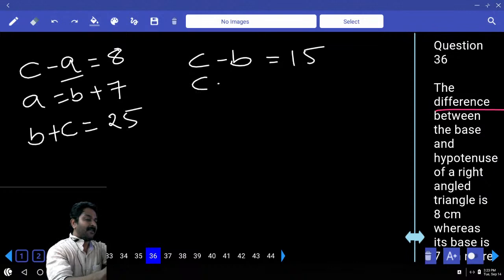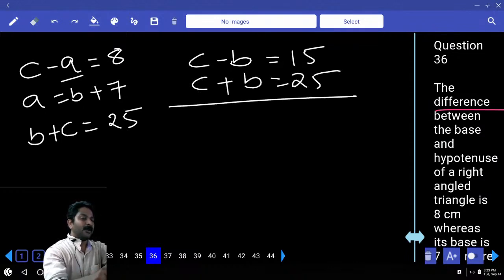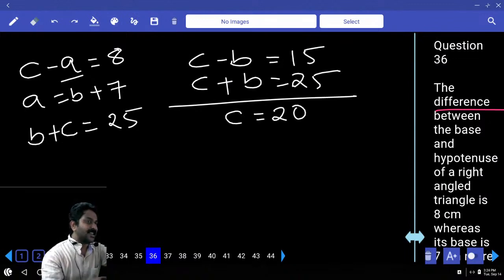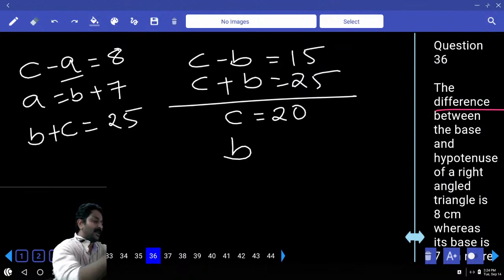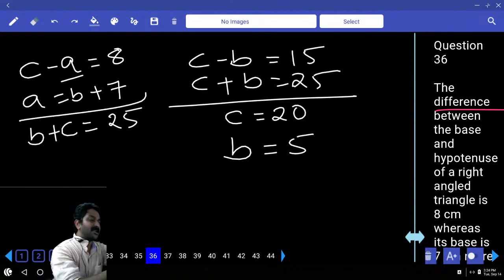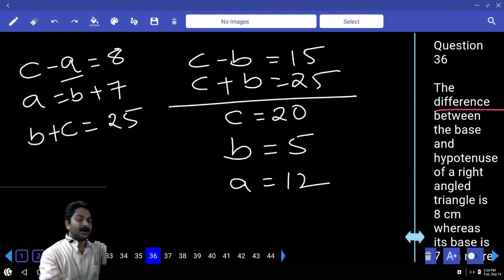And at the same time, we also have C plus B is equal to 25. 2C is equal to 40. C is equal to 20. Is this clear? Then when you substitute the C value here, you will get B is equal to 5. And when you substitute the B value here, you will get A is equal to 12.